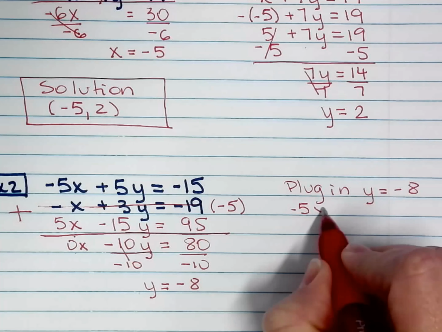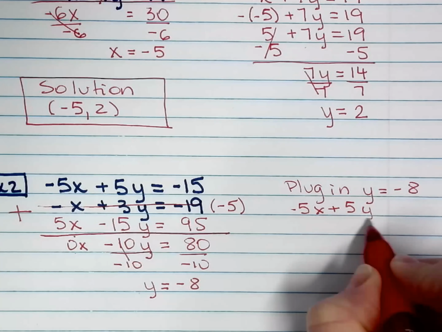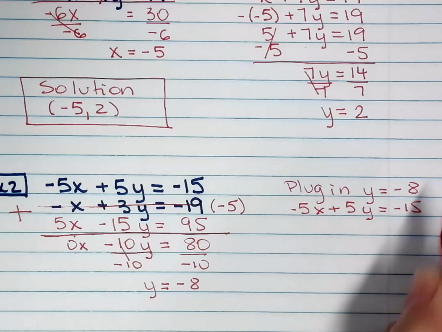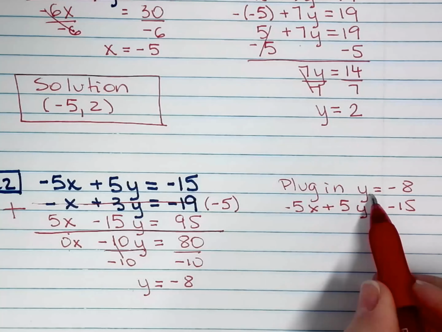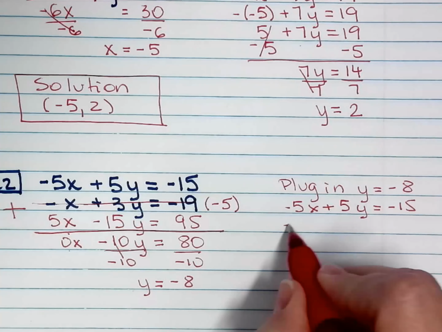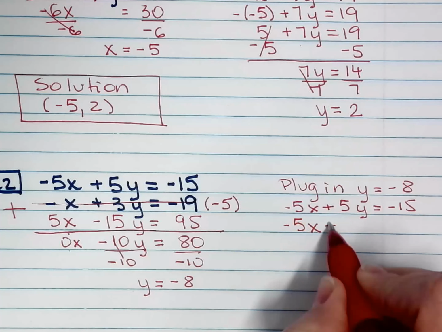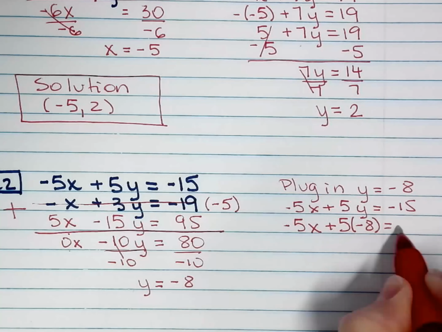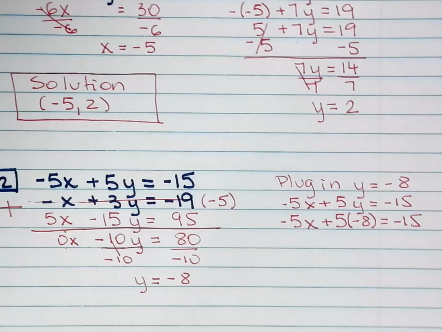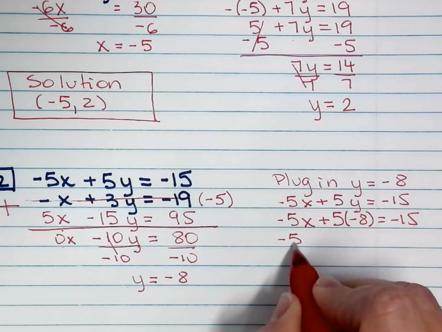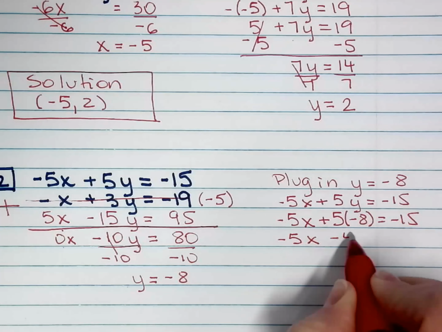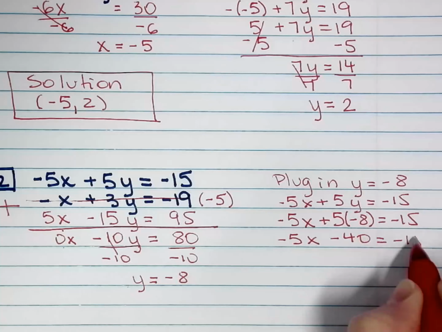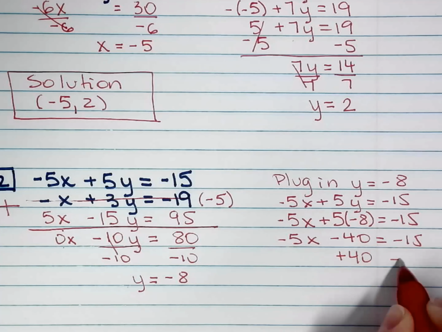So negative 5x plus 5y is negative 15. Just remember that you're plugging that in for y, not x. We're trying to find x. So substitute that y right there, negative 8. Negative 5x, multiply, you get negative 40. Add 40 to both sides.